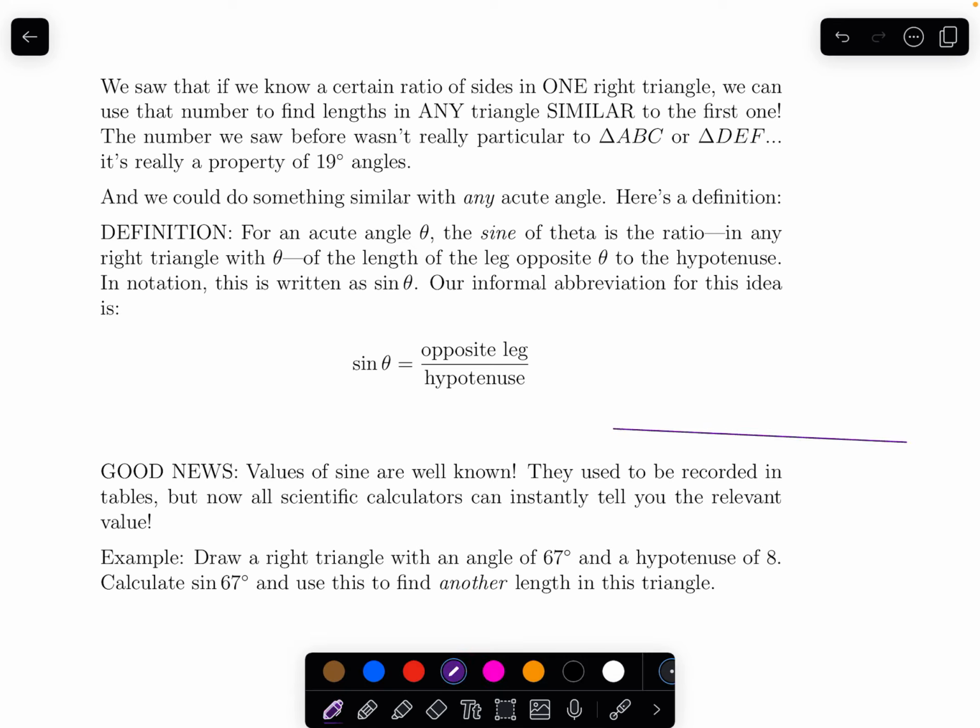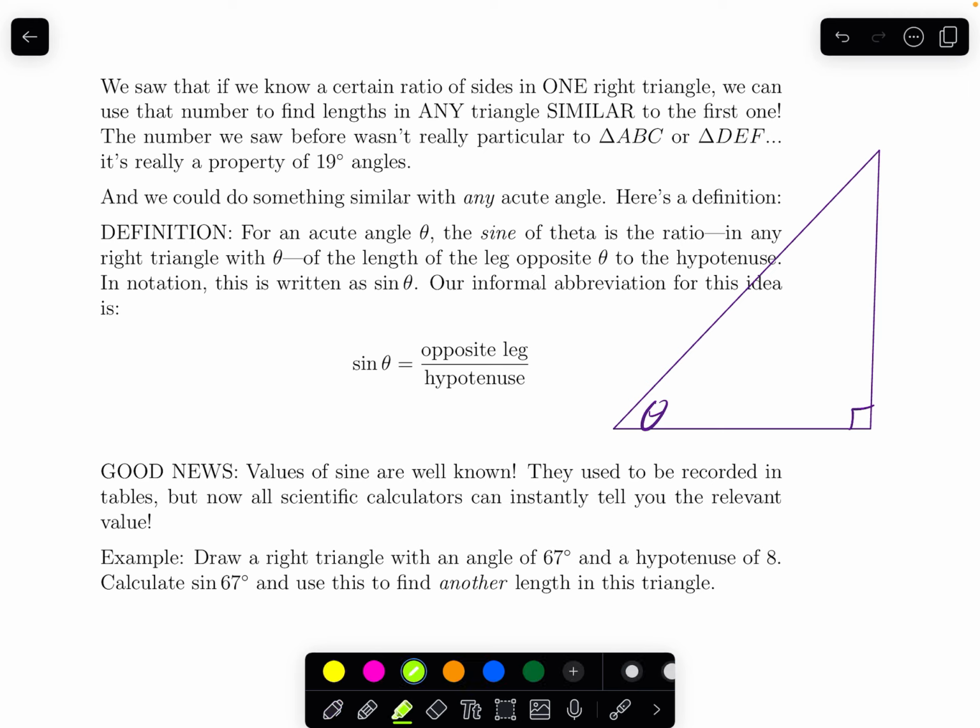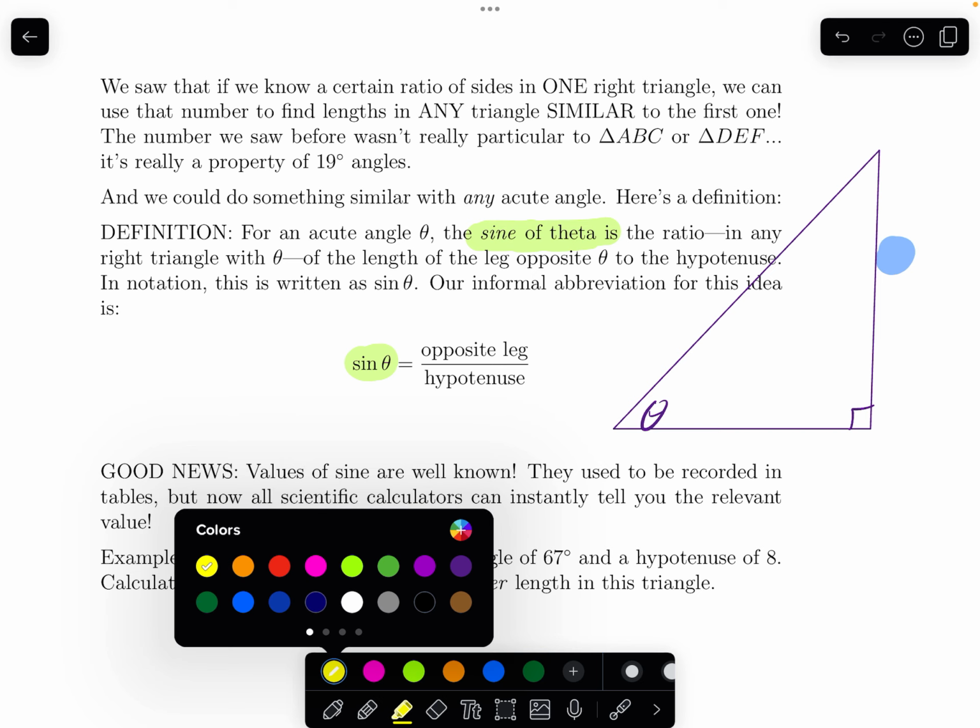So let's suppose we have a right triangle. Here's our right triangle, and here's an angle called theta. This is the Greek letter theta, and it's very often used in trigonometric examples as kind of a variable that stands for an angle, or an angle measure. So the sine of theta, that's abbreviated sin theta, is the ratio between the length of the leg that is opposite theta.